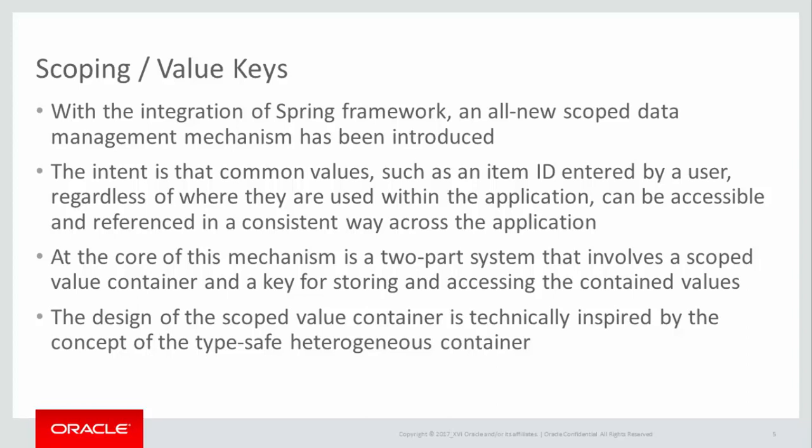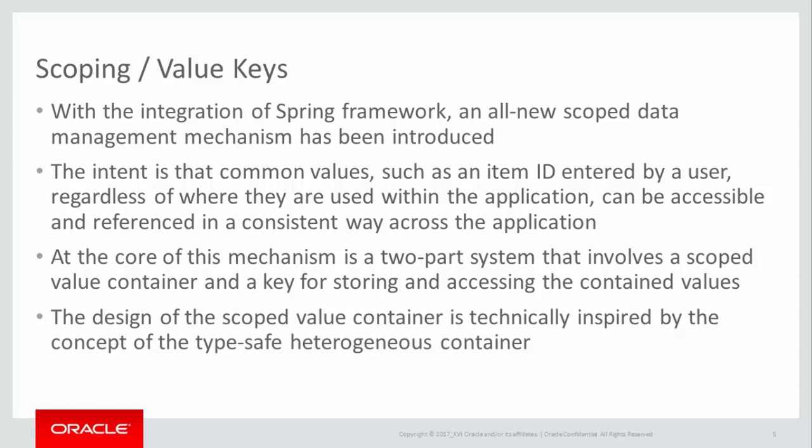This wasn't really the most elegant way to pass this data around. You had to declare the IXST command object in your method signatures. It was not necessarily easy to get at this data outside of operation classes, so if you were in a visibility rule or a validation rule, it wasn't always easy to access the data that you were passing around. The scoping changes that we made with the Spring integration really improved that quite a bit.